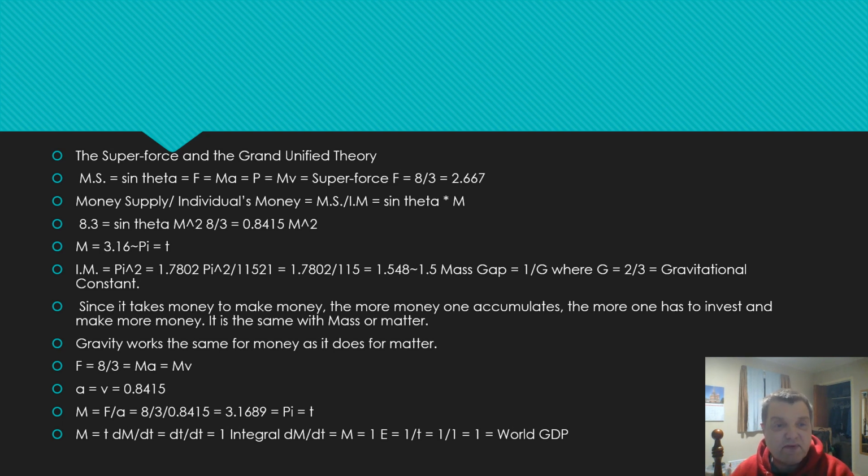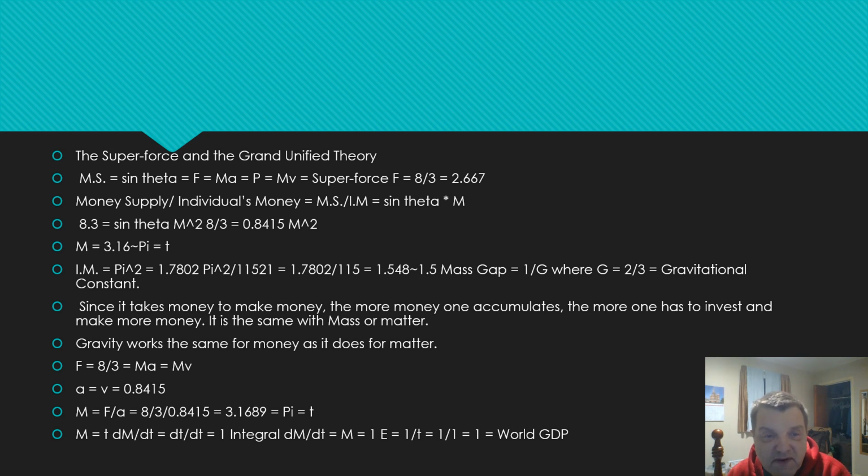We have the superforce, and we have the grand unified theory. And the money supply is equal to the sine of theta, which is equal to force, because energy is equal to 1 over the force. So 1 over the sine of 60 degrees, as we've just shown, is equal to 1 over the force.